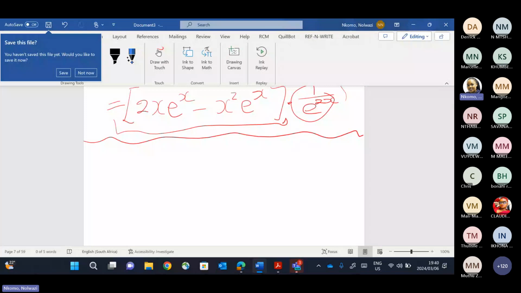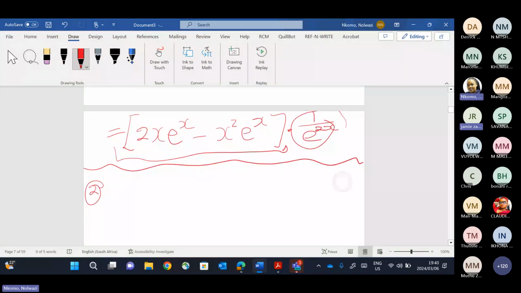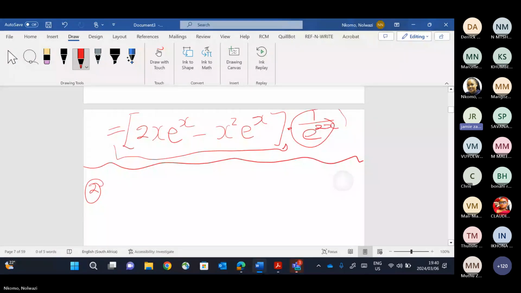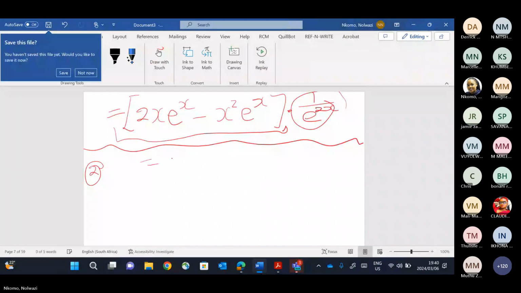Sorry, could we not simplify that a lot more? You don't simplify them. 2x minus x squared over e to the x. Because if you take the e to the x out of the numerator and cancel one of the x's at the bottom.